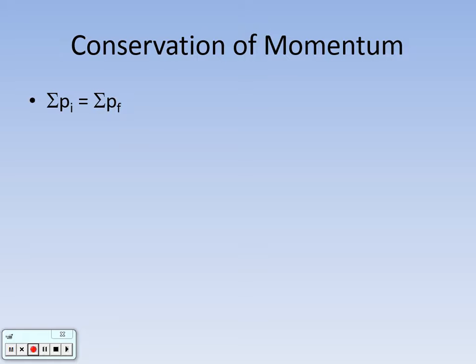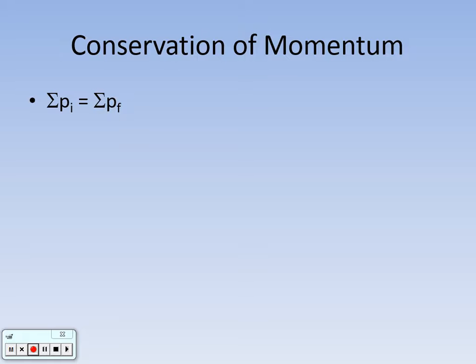First, we've learned these symbols before. What does the sigma mean? The sum or the total. So when we talk about sigma p_i, what does the p stand for? Not the change in momentum. The p itself just stands for momentum.